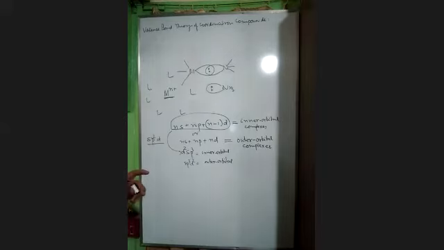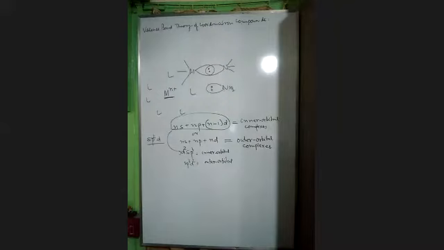Now, we have seen that valence bond theory says the metal-ligand bonds are formed by the combination of the filled orbital of the ligand with the unfilled hybridized orbital. The hybridization occurs by the mixing of the outermost shell s and p orbitals along with the d orbitals of equivalent energies, or it may be the inner d orbitals of equivalent energies.